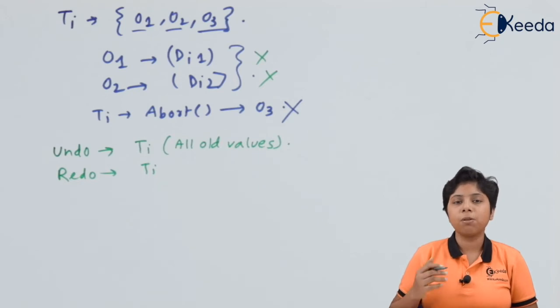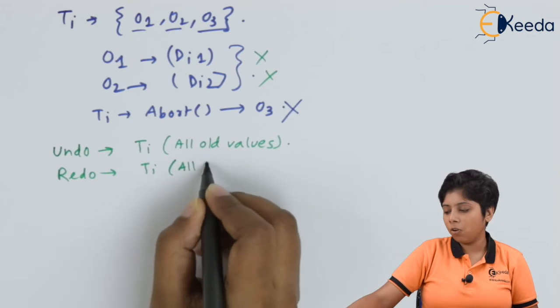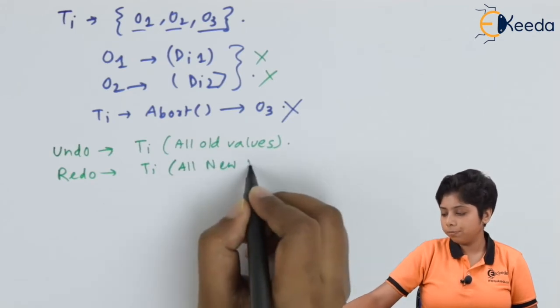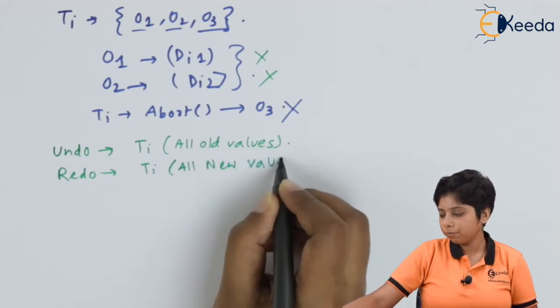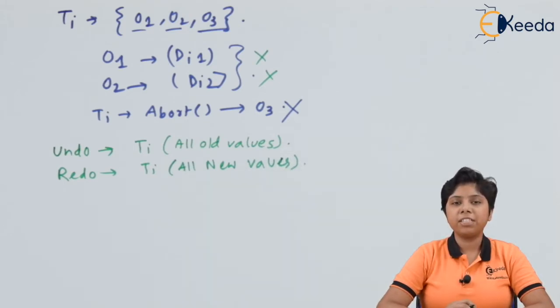In such cases, we perform the redo operation so that we can have TI with all the new values. Now we can say that the transaction has been performed and has made its way to the database modification.